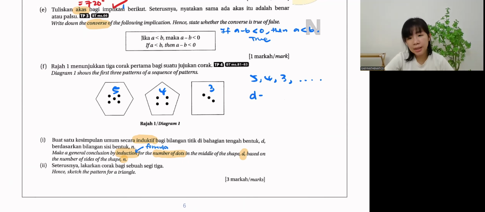D equals n minus 1. So what does n start with?